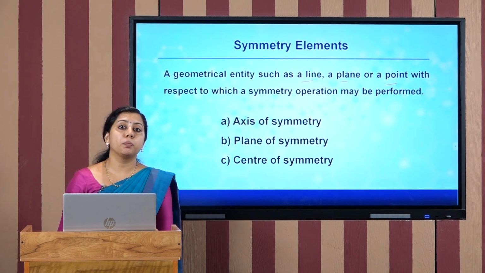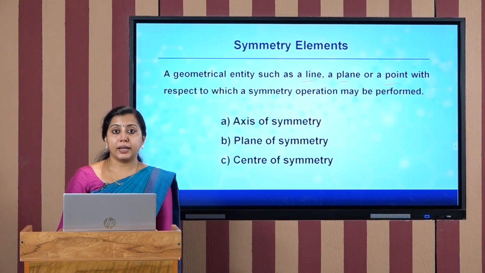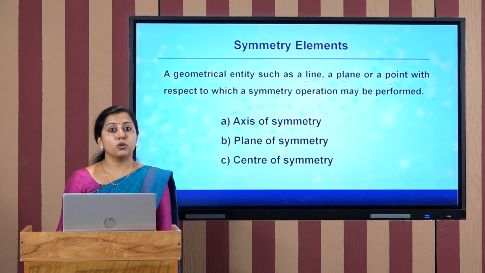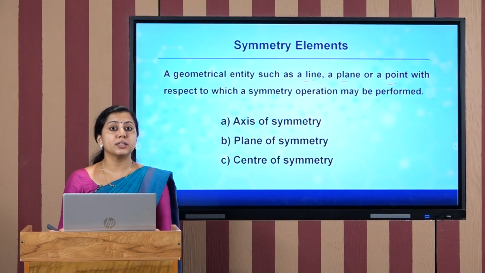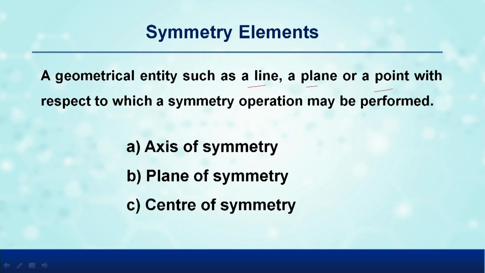Now, what is a symmetry operation? It can be either rotation, reflection, translation, whatever it is. So, a geometrical entity such as a line, a plane or a point with respect to which a symmetry operation may be performed is called a symmetry element. And these are the elements of symmetry present in a crystal. We have an axis of symmetry or proper rotation axis. We have a plane of symmetry or a mirror plane and also we have a center of symmetry.